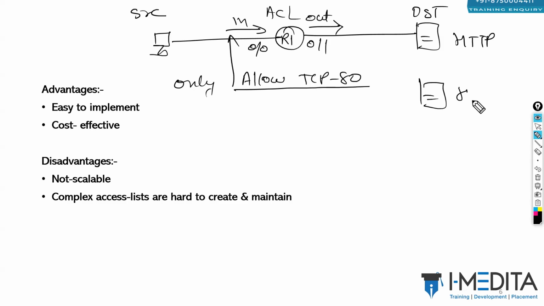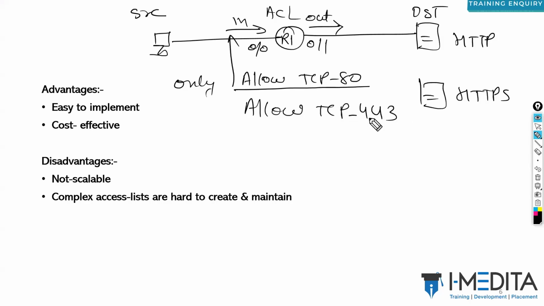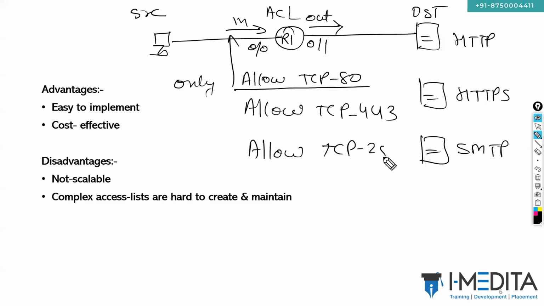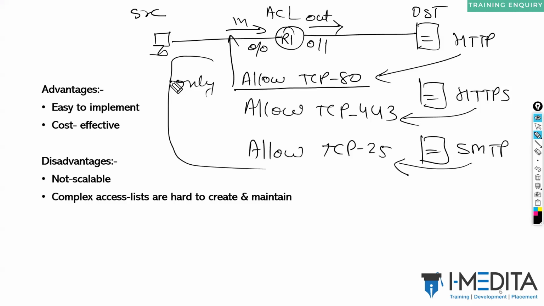If we have HTTPS, then we need to allow the HTTPS port number, that is TCP 443. If the server belongs to SMTP, then we need to allow the SMTP port number, TCP 25. If you know the port number of your application, then we can say it is easy to implement.